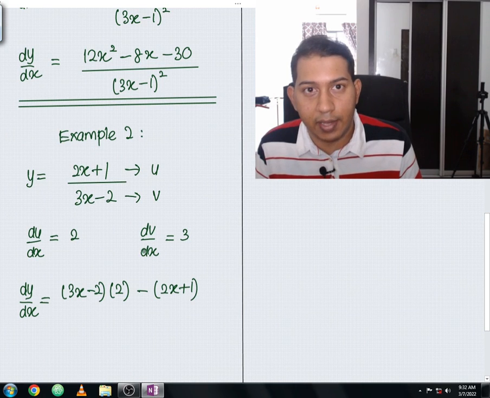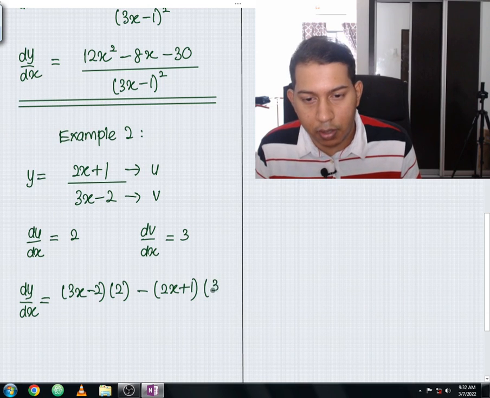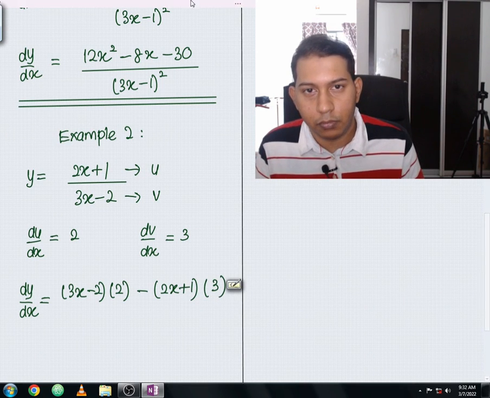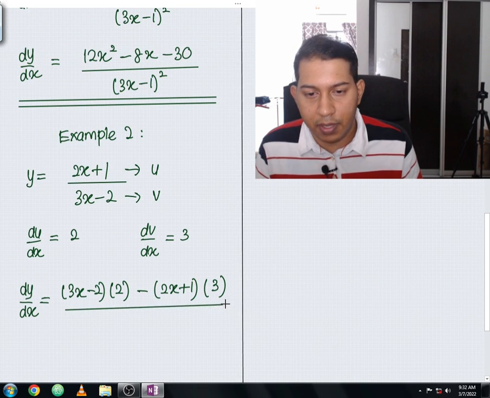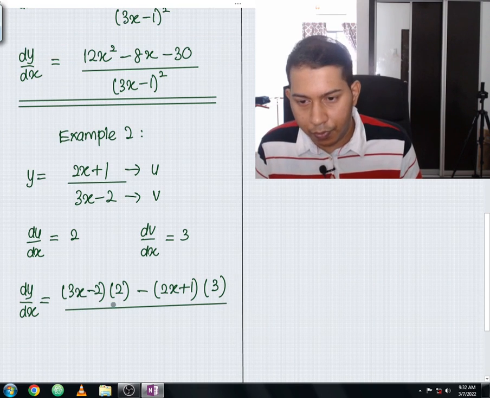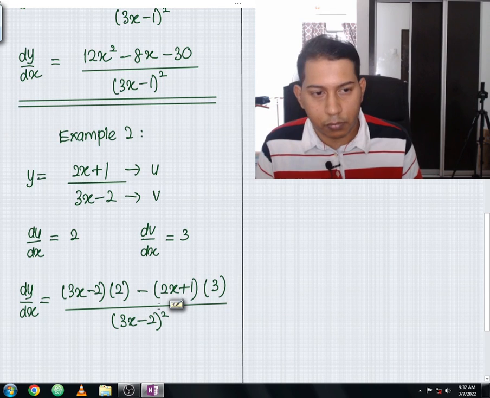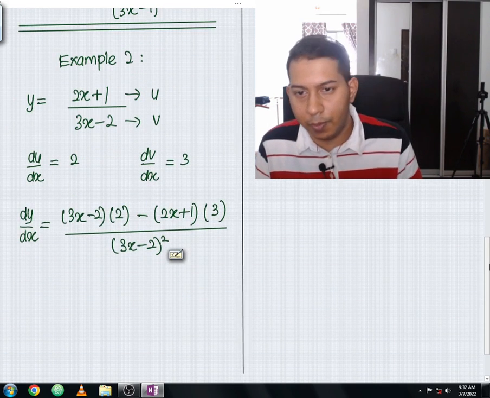So dv over dx is equals to 3. So 2x plus 1 times 3. And then we divide with 3x minus 2 squared. Okay, so let us solve this one by one.